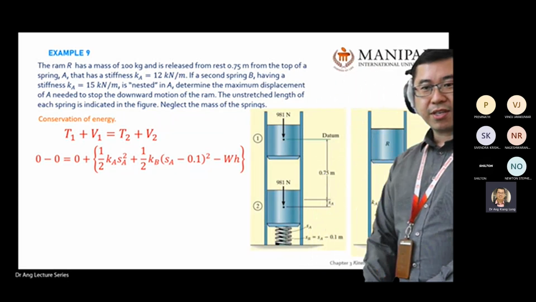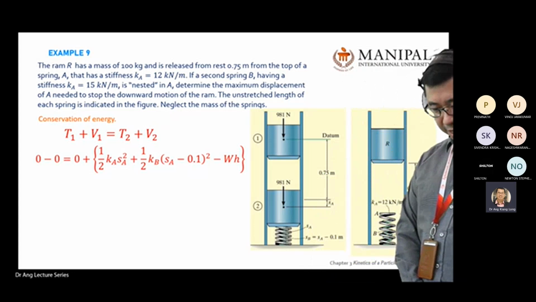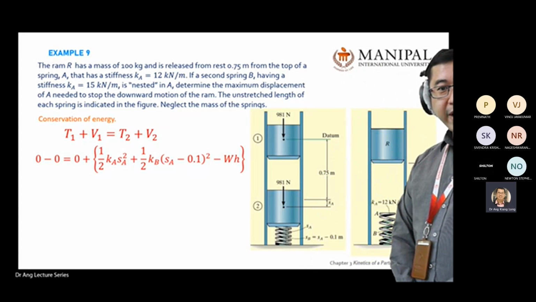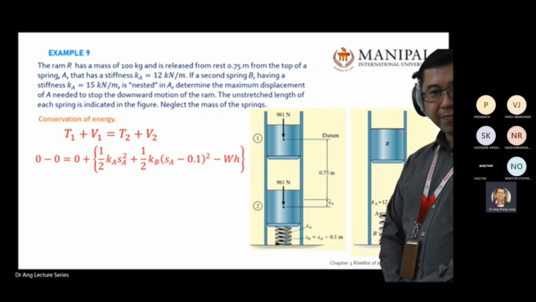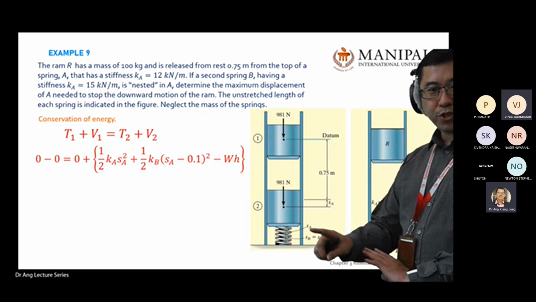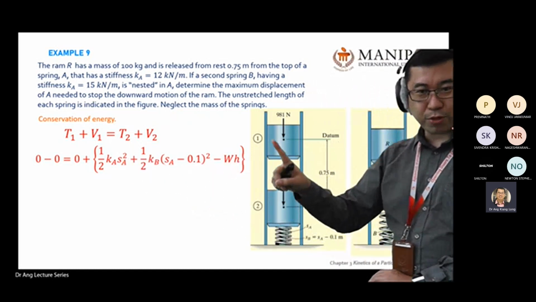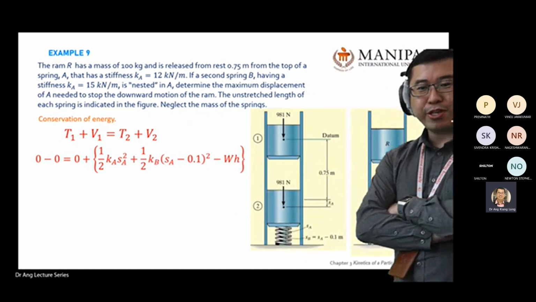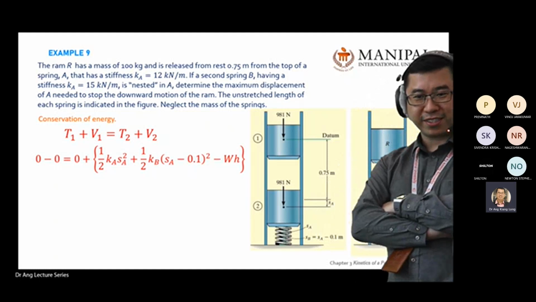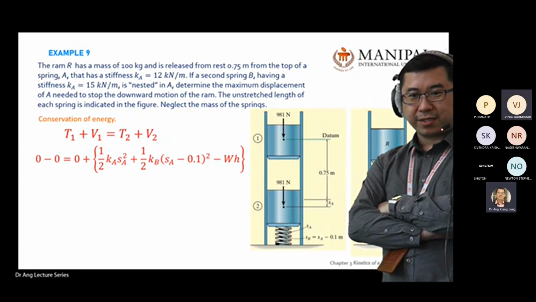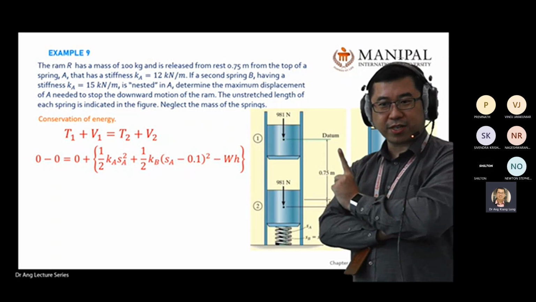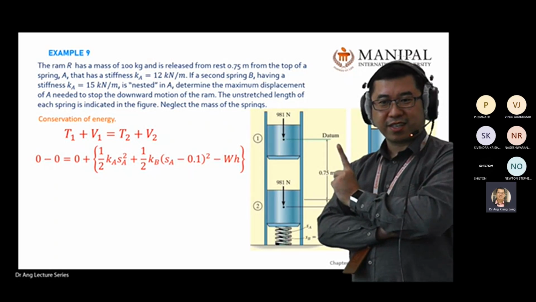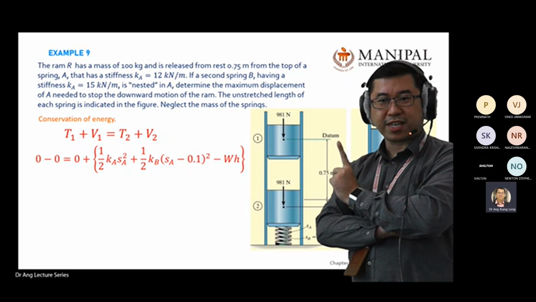Okay, you look at the diagram I show you on the screen. Why is h 0? Position 1. Why in mgh is the h 0? Do you see anything on the screen here?